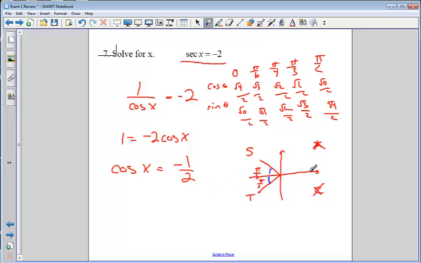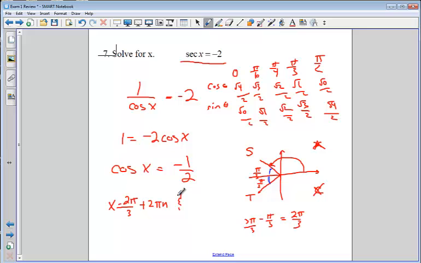And so to find the actual angle, I have to figure out what this is here, which is just pi minus pi over 3. I get a common denominator, so I get 2 pi over 3 for the first one. So I know x should be 2 pi over 3, and I can add any multiple of 2 pi, so 2 pi n.